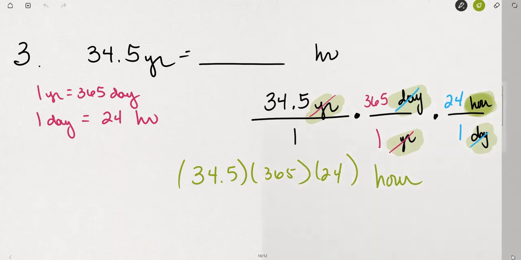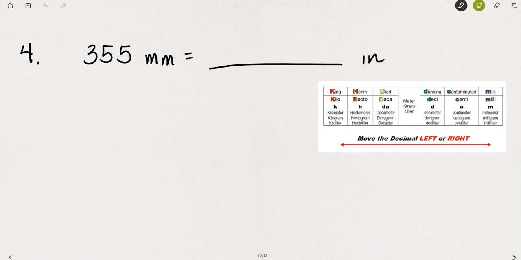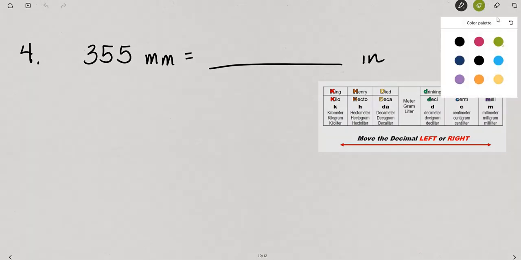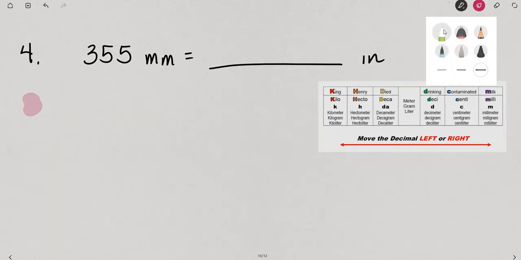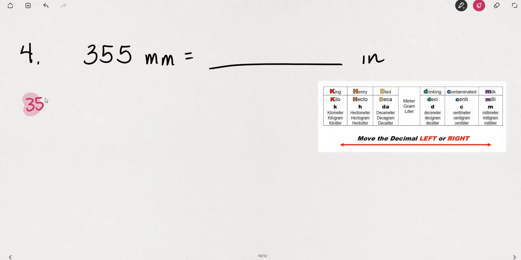Let's try another example. 355 millimeters to inches. Well, I'm going to have to start by going from a millimeter to a centimeter. And if I'm going to go from a millimeter to a centimeter, that's 1 unit left.